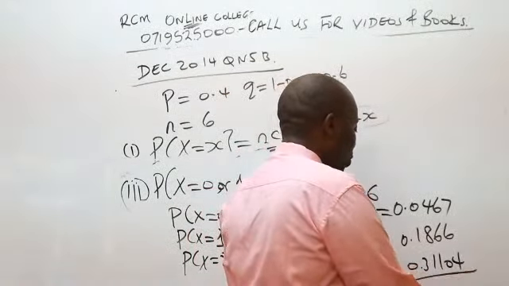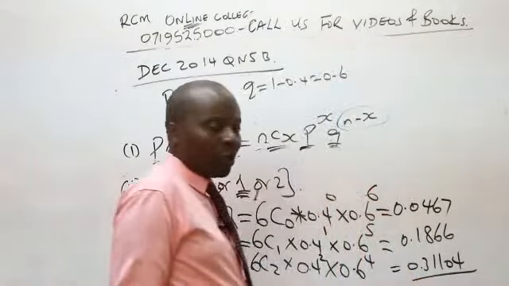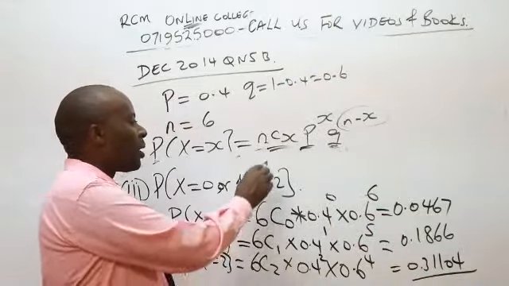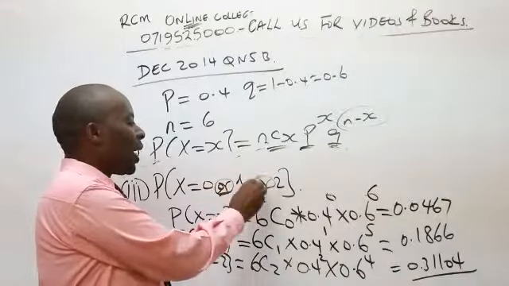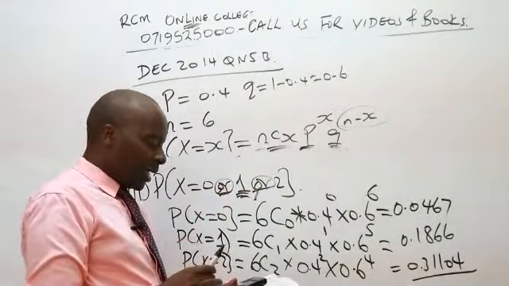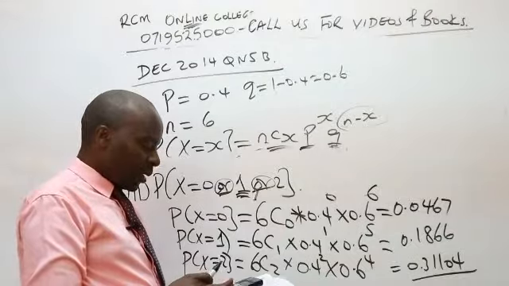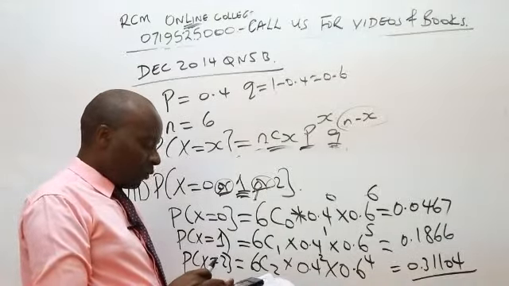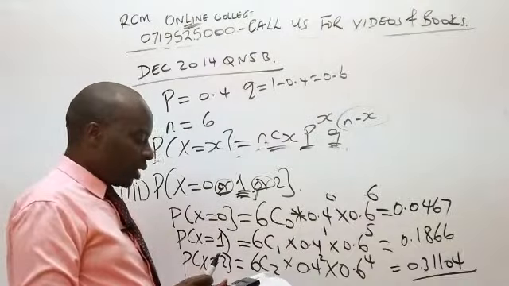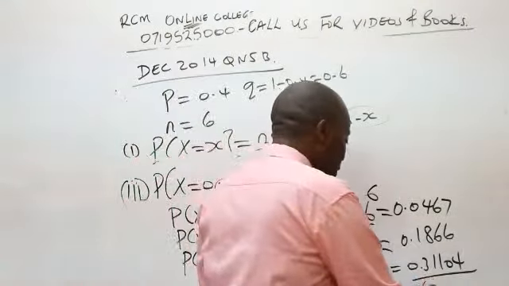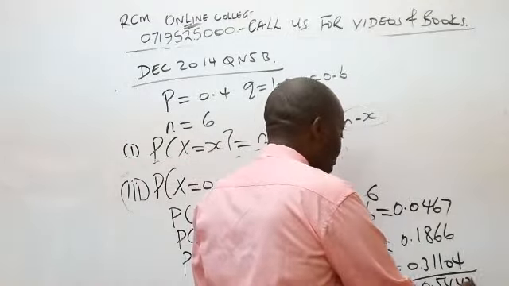0.31104. So what you need to do is give us the total, because "or" means you are adding. So please add: 0.31104 plus 0.1866 plus 0.0467. So please give us a figure here, which will be 0.54434, something like that.